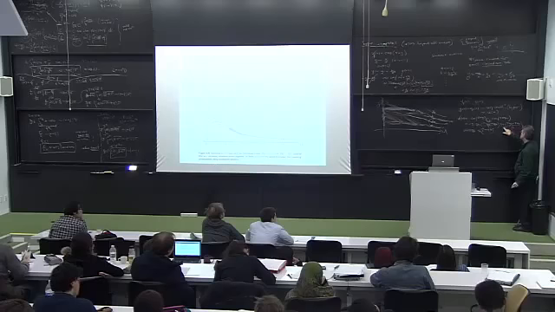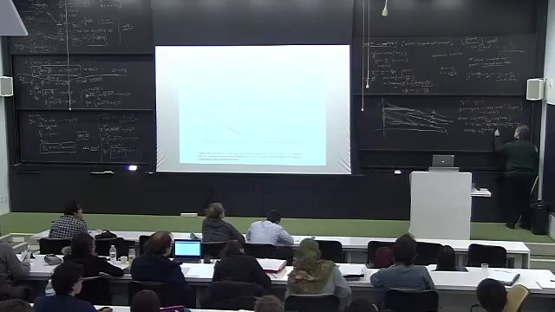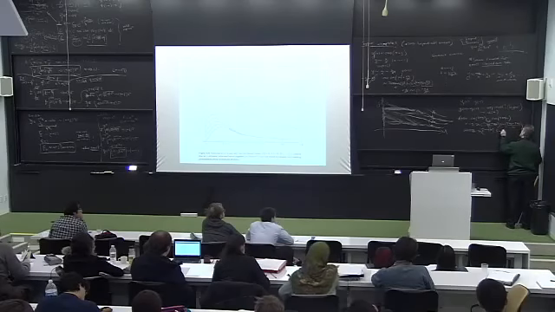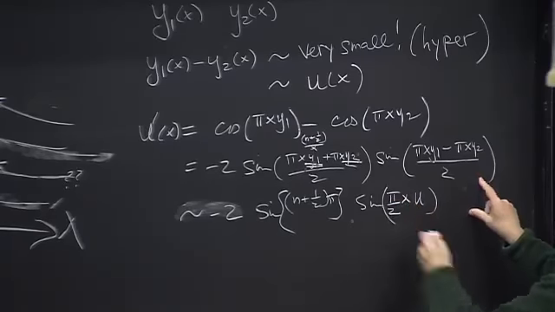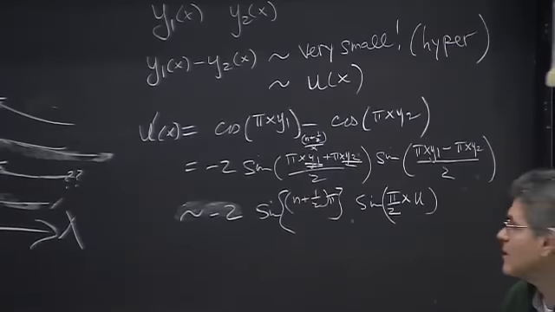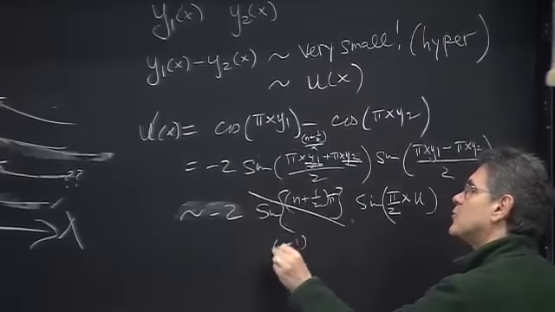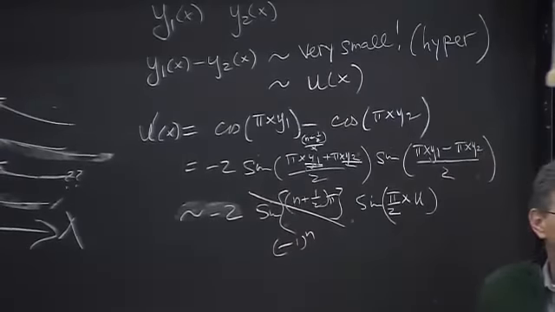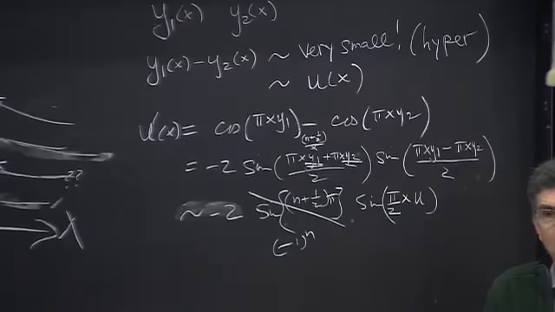But wait a minute. What's the difference? That's u. Okay, so this would be sine of pi over 2 times x times u. But what is this? This guy is just minus 1 to the n. Okay?